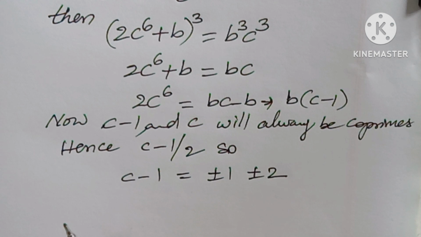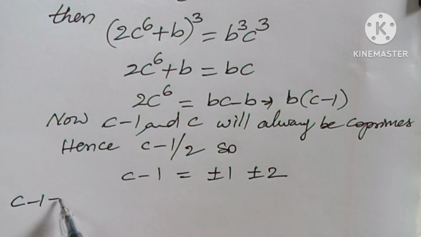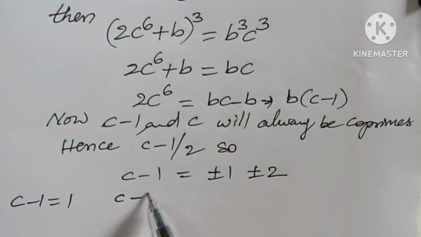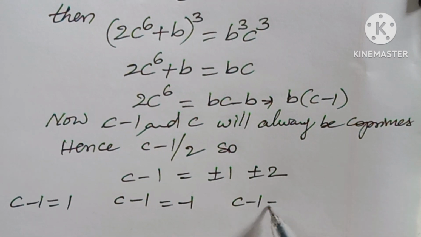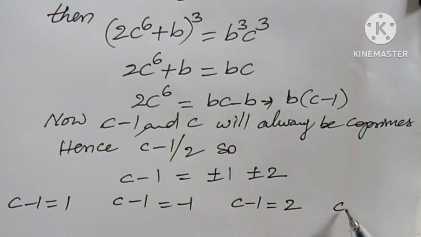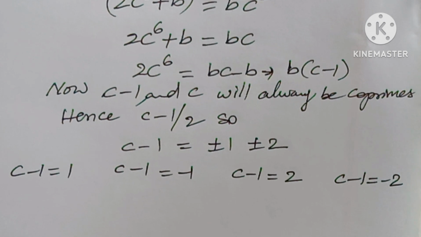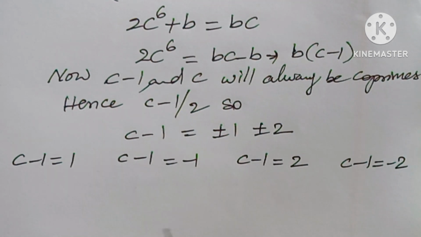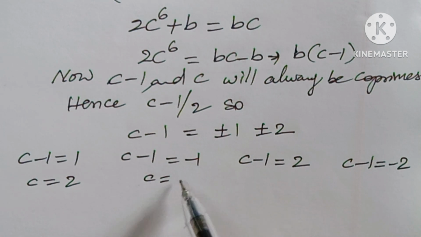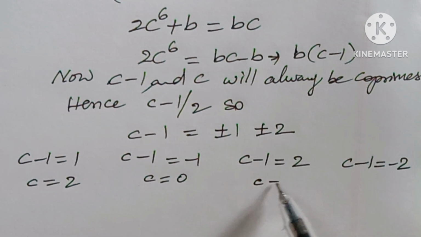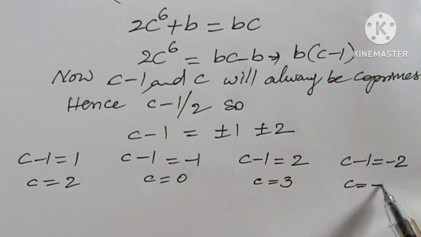Now, if you take c minus 1 equal to 1, c minus 1 equal to minus 1, c minus 1 equal to 2, c minus 1 equal to minus 2, then c will be 2, 0, 3, minus 1.